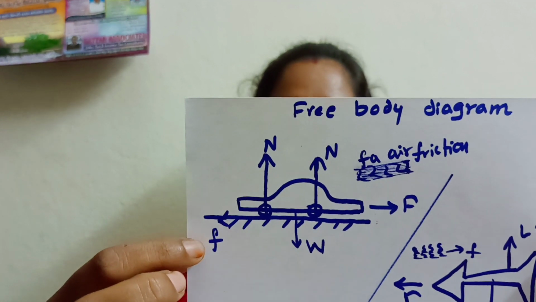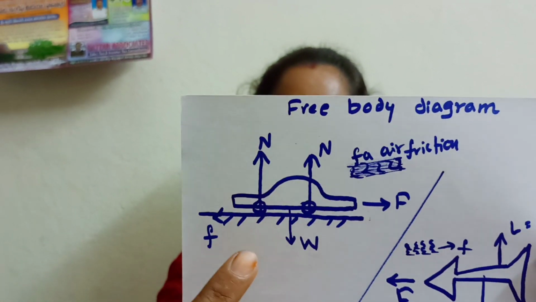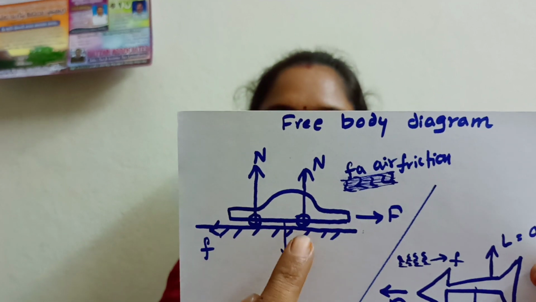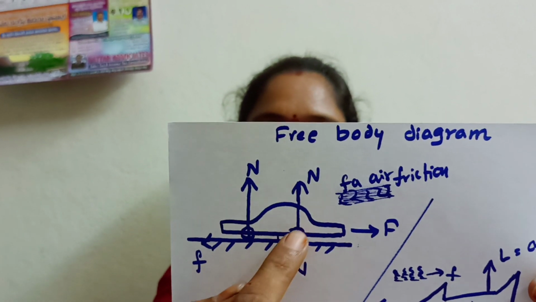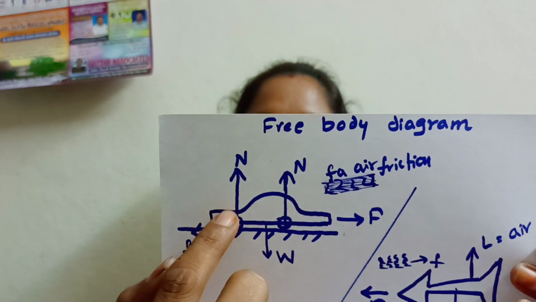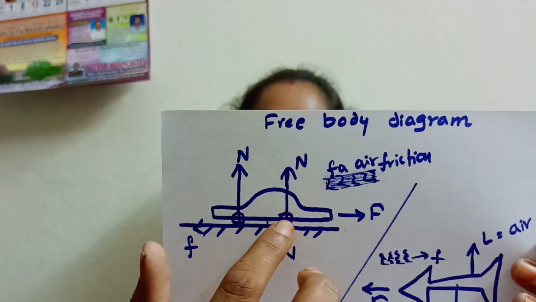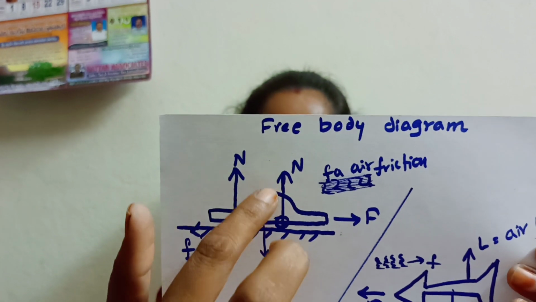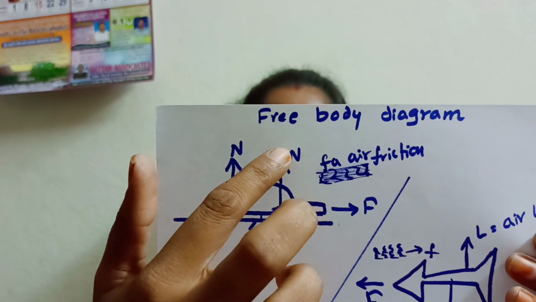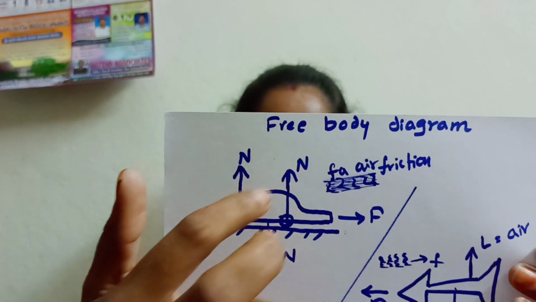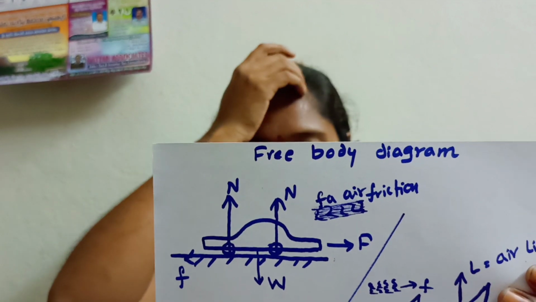Another force is acting at the point of contact, where the wheels are. We observe the normal force.